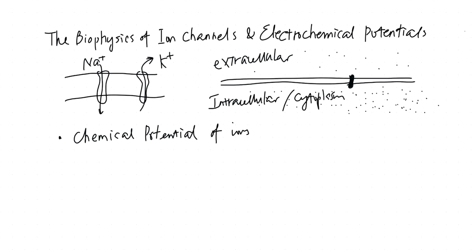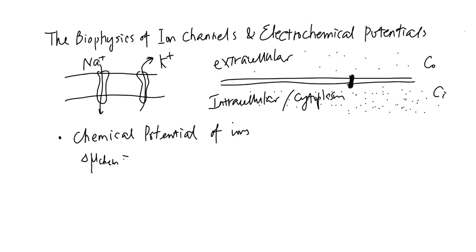Now let's see. We have a concentration inside of the cell, we call it Ci, and the concentration outside of the cell, the extracellular space, we call C naught. Let's define the chemical potential difference across the membrane as delta mu. So this mu is chemical potential, and delta means the difference across the membrane.